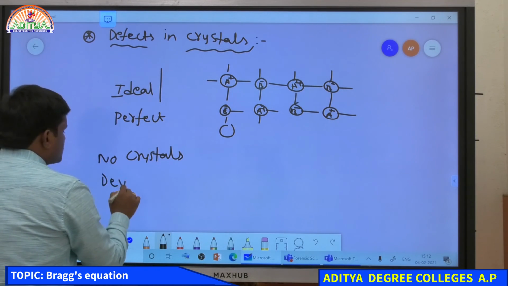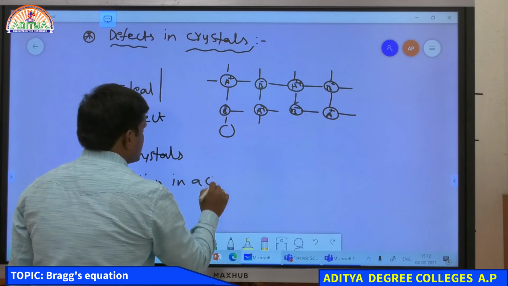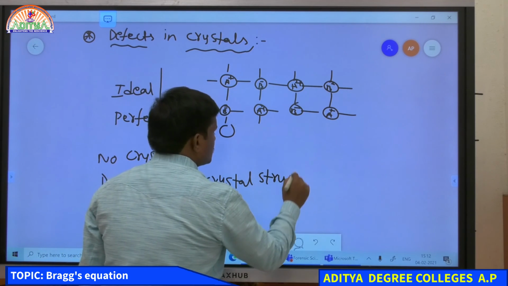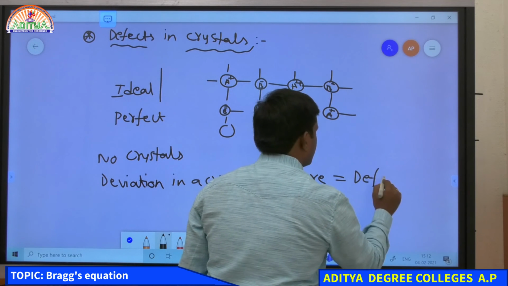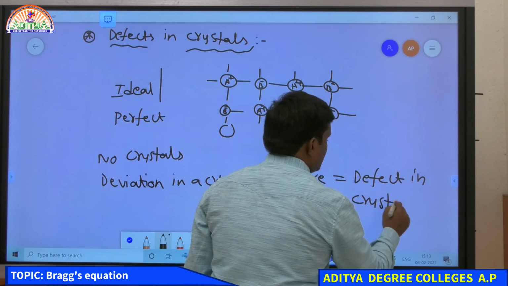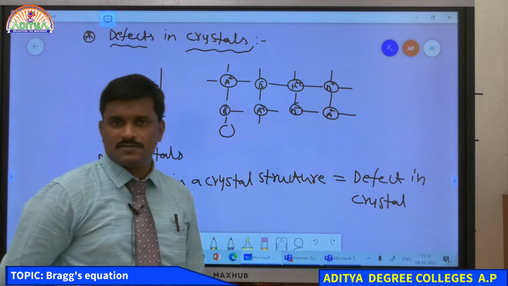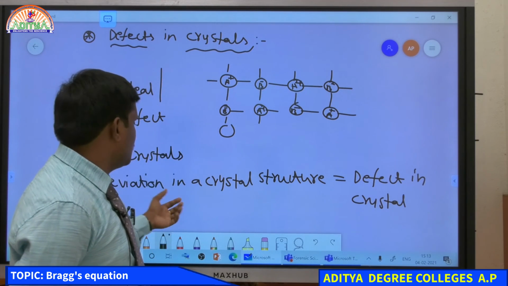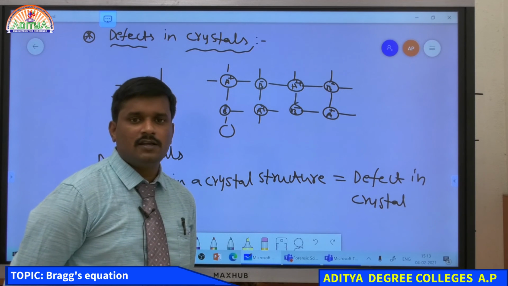So deviation in a crystal structure is known as defect in crystal. So no crystal is ideal in nature. Every crystal has a deviation in the position of atoms. That is why every crystal undergoes defects. That means there is a deviation in the crystal structure. These are nothing but defects.